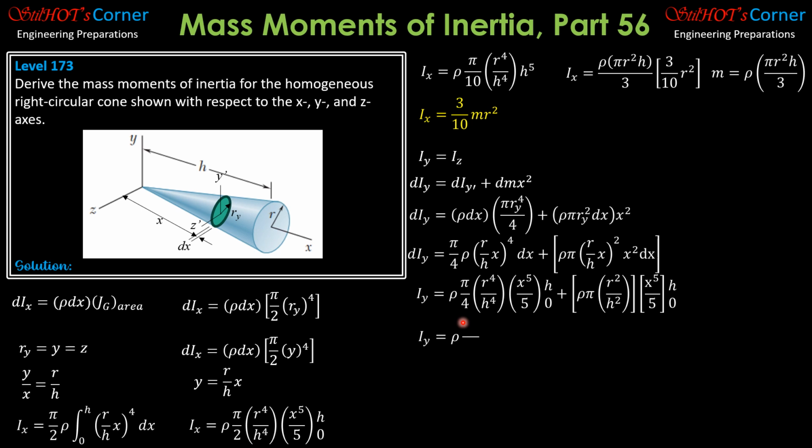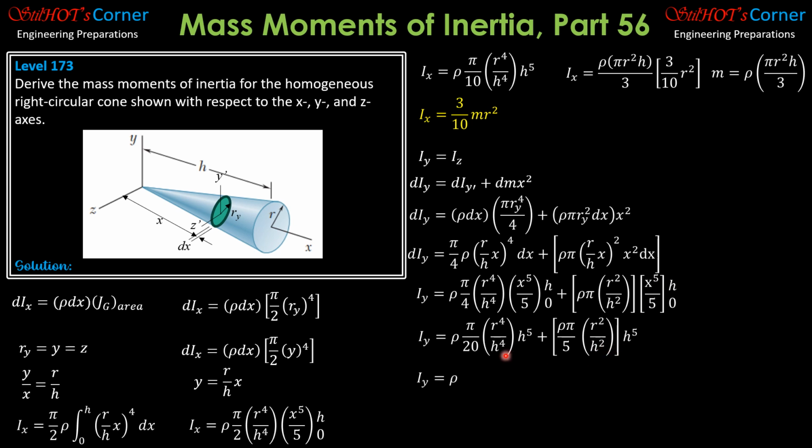So simplifying, Iy equals density pi over 4 r to the 4th times, 4 times 5 is 20, r to the 4th over h to the 4th, then we have h to the 5th, and density pi r square over h square, then this is also h to the 5th.